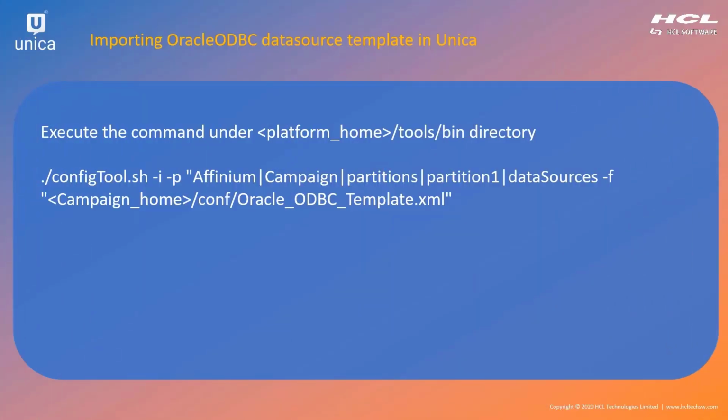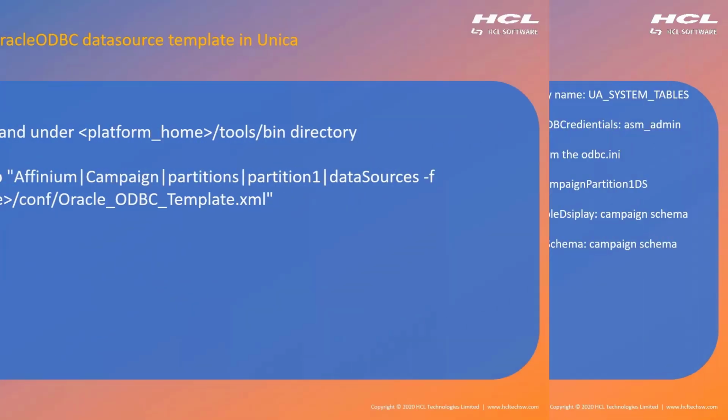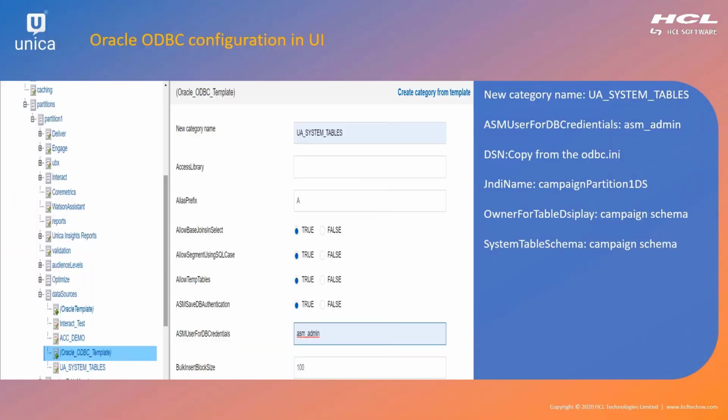Now, after this, we need to import our Oracle ODBC data source template in Unica. To do so, we need to execute this command using the configTool utility. Once we have imported the template successfully, we need to configure the US system tables.